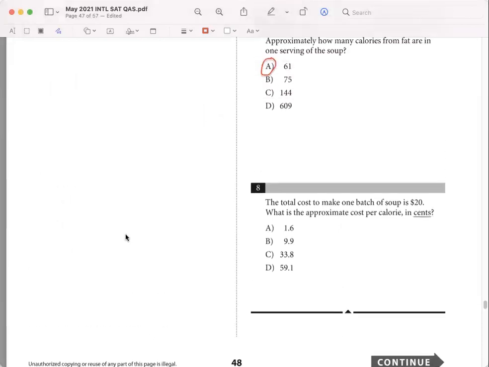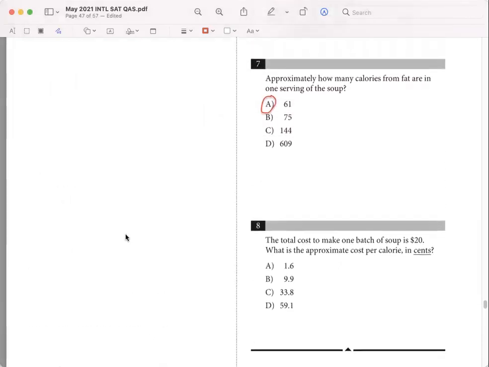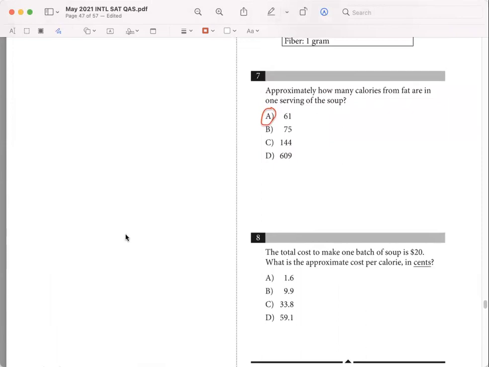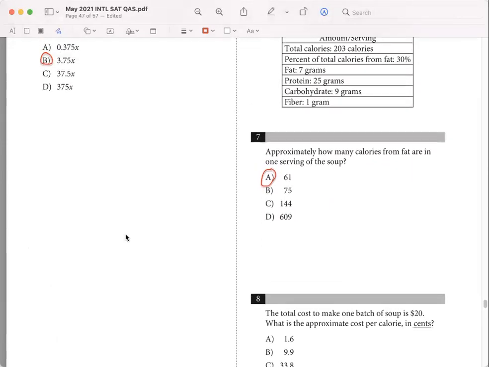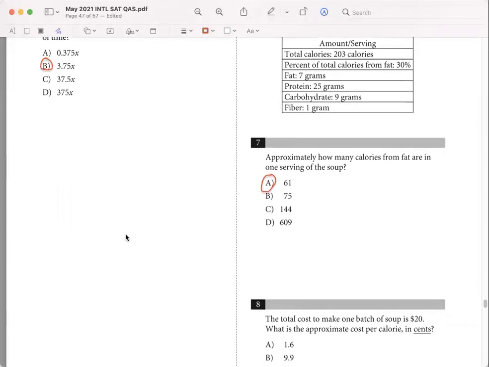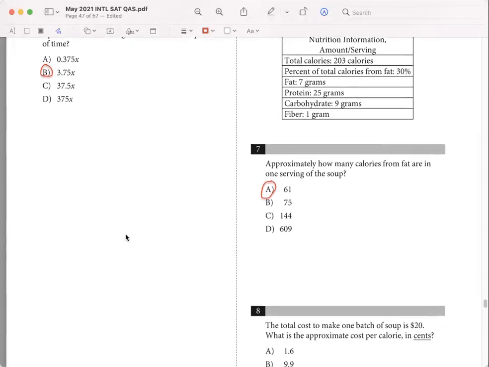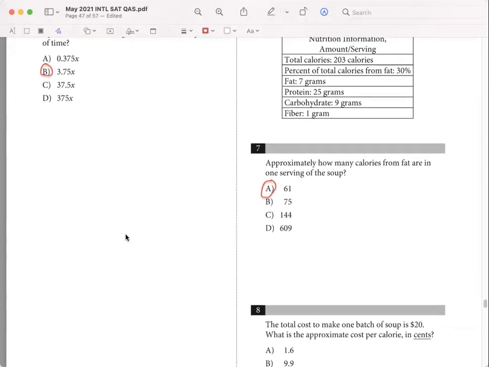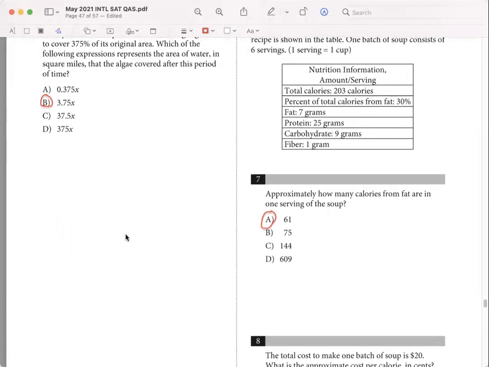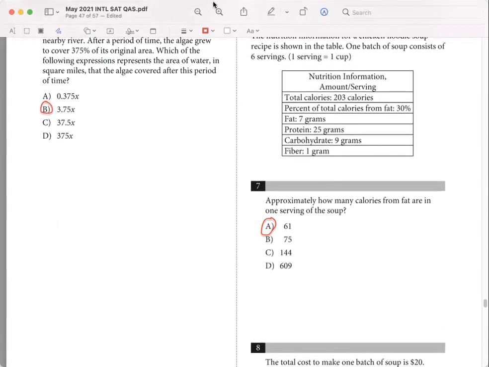The total cost to make one batch of soup is $20. What is the approximate cost per calorie in cents? Okay, so one batch of soup is $20, right? So let's do it one by one.